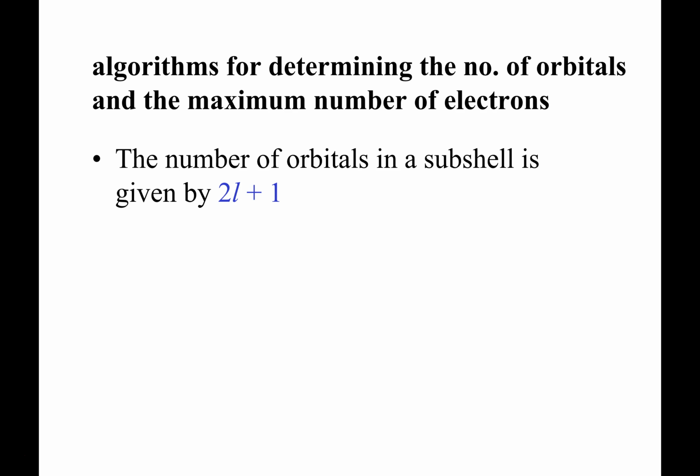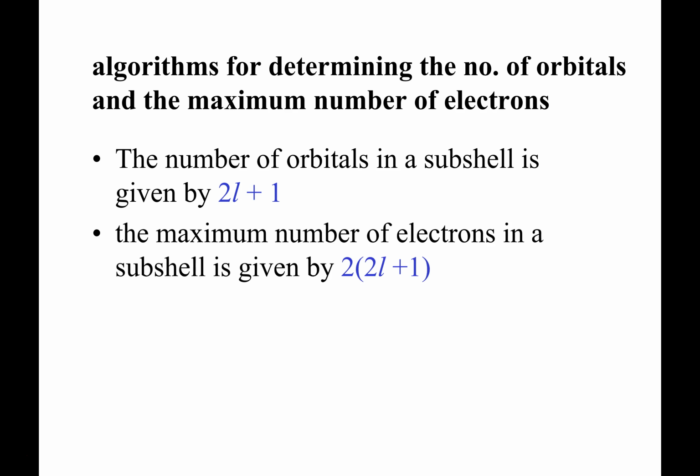But otherwise, you can plug in the value for L, take it times 2, and add 1. What if instead of orbitals we wanted electrons? Then we would take the number of orbitals, which is 2L plus 1, and then multiply it by 2 because we could put 2 electrons in each.